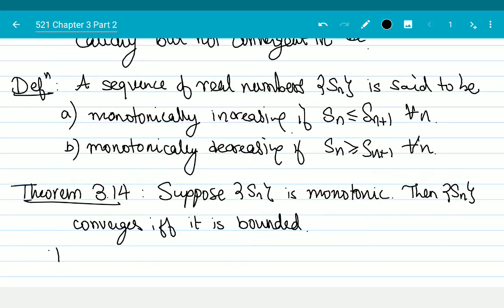Proof. We are not going to show that if it is convergent, it is bounded. This way is standard, or is obvious. We have done this before.